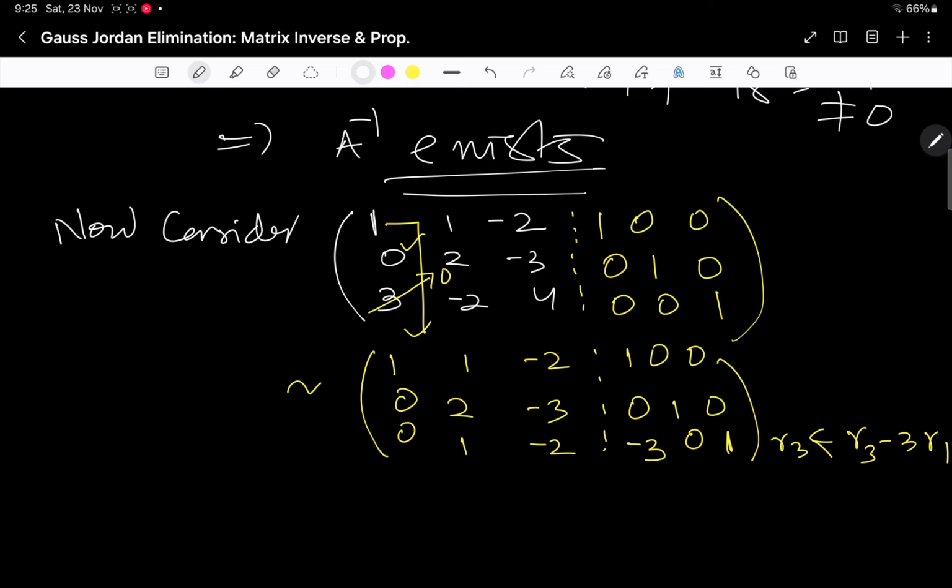In the next step, use this position to bring this 0 and this 0.